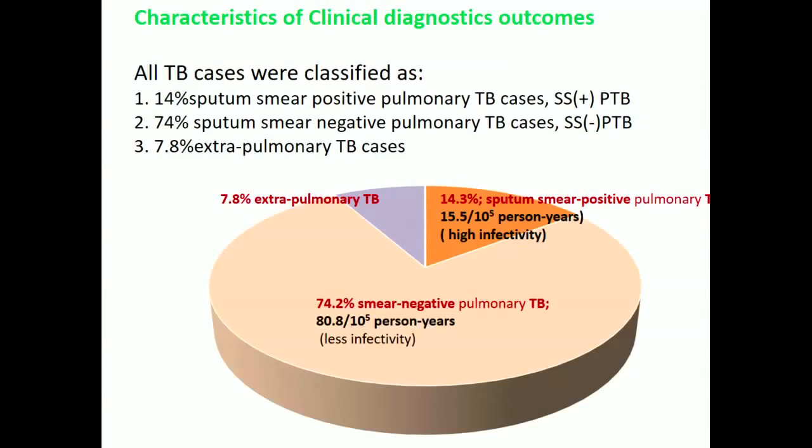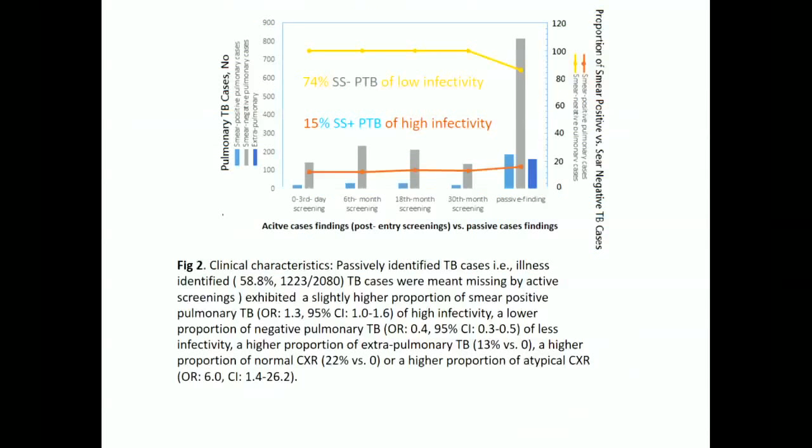This was the clinical diagnosis outcome. Most cases were sputum smear negative pulmonary TB, encompassing 74%. This demonstrates the clinical characteristics of passively identified cases, with a slightly higher odds ratio of smear positive cases.